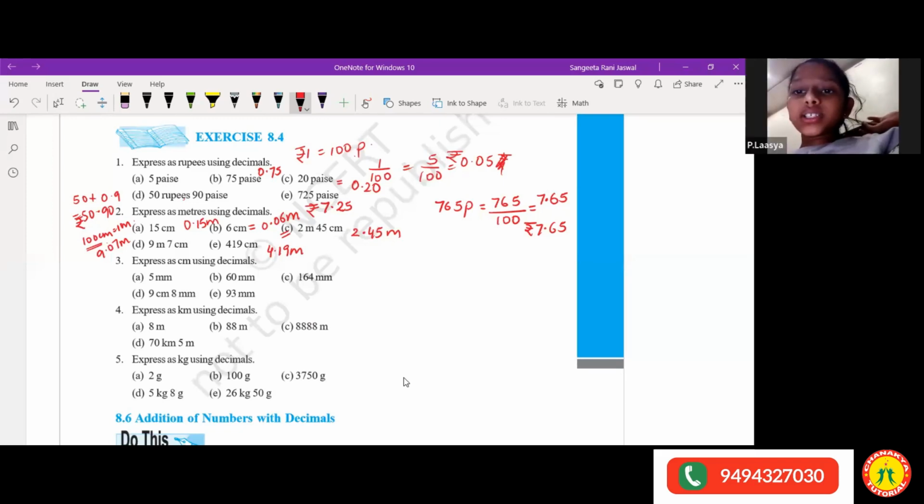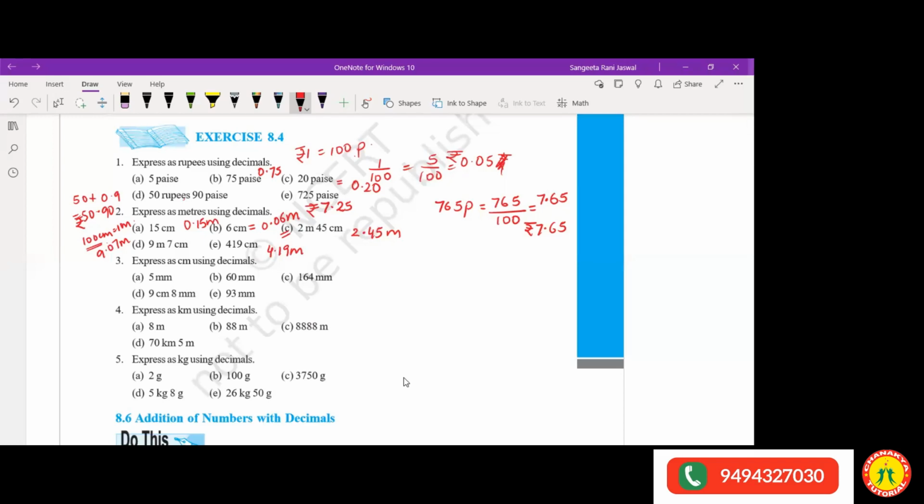We have done so many questions on this. In the previous exercise, we had two types of questions. 10 millimeter is 1 centimeter.